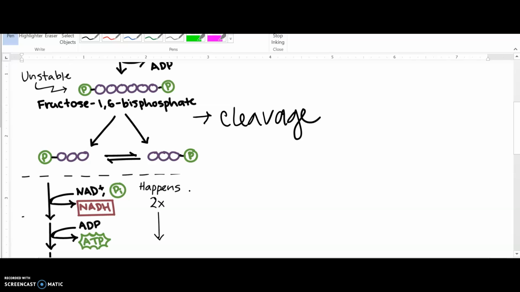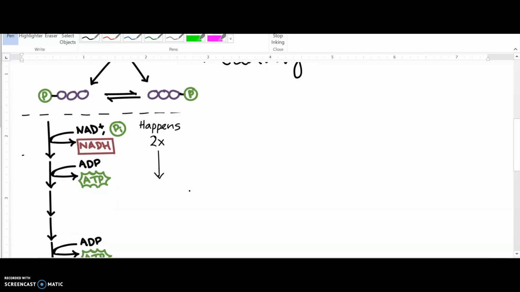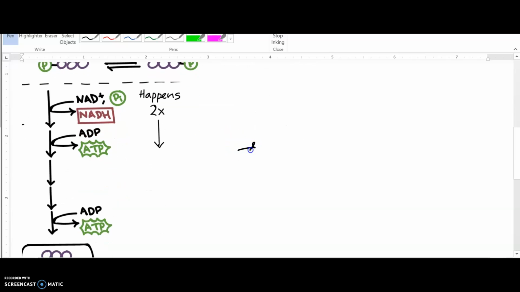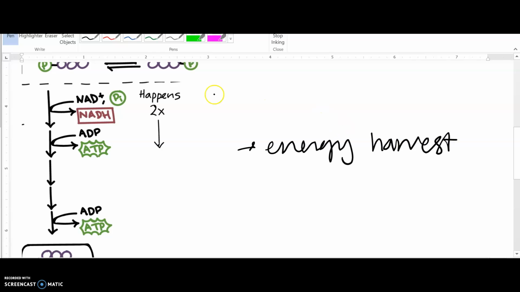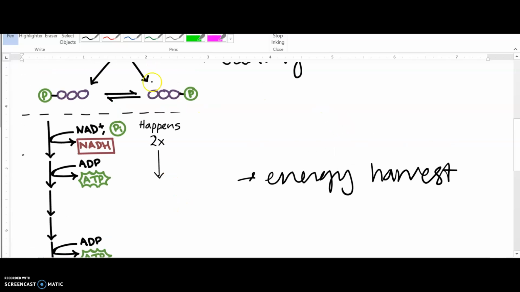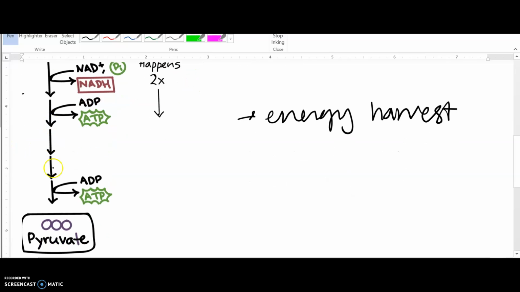Those 3 carbon molecules go through the energy harvest stage. This happens twice because there are 2 of these 3 carbon intermediates, but I'm just going to go through one of the processes here.